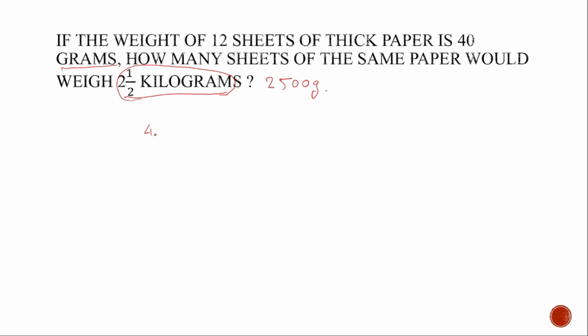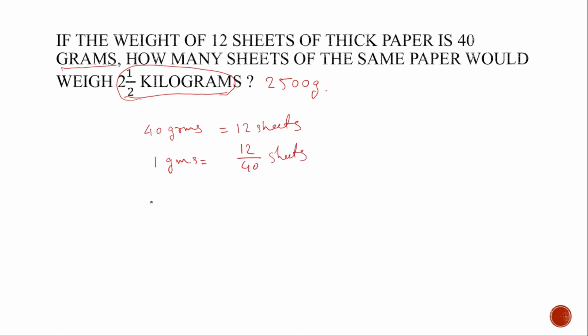Now we will write. In 40 grams of thick sheet of paper, we can make 12 sheets. Okay, so in 1 gram we can make 12 by 40 sheets.